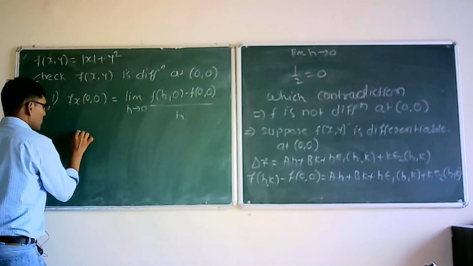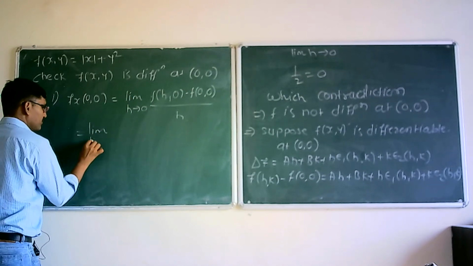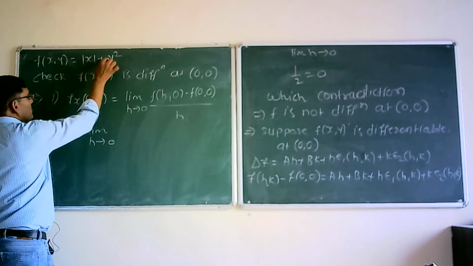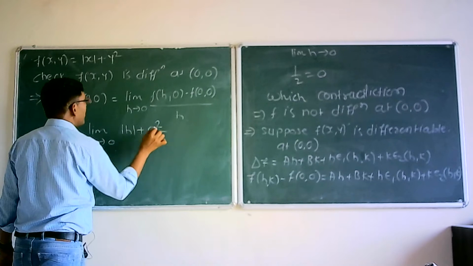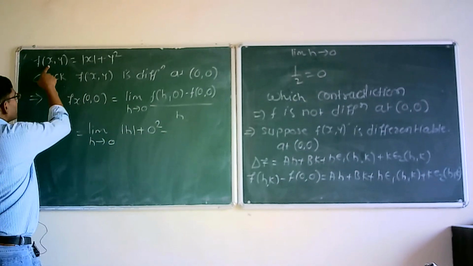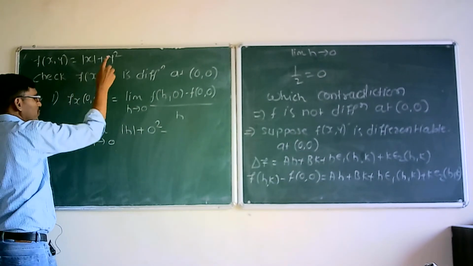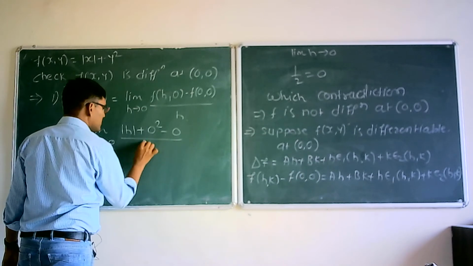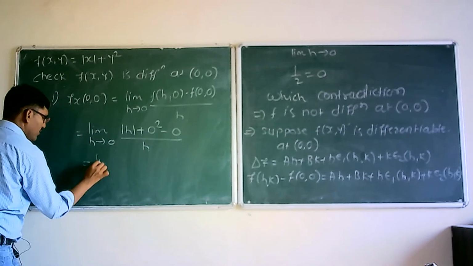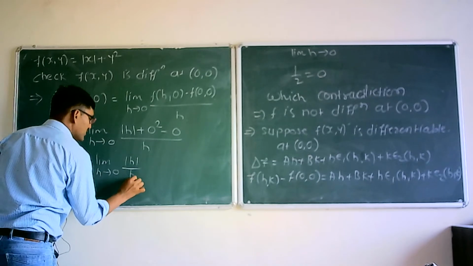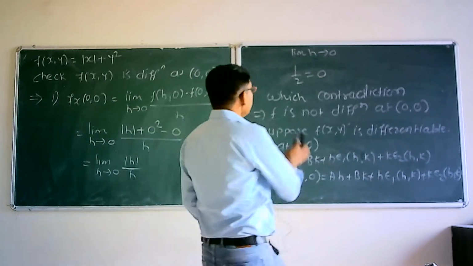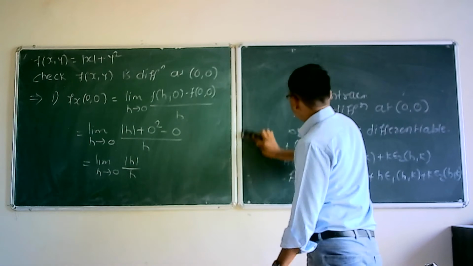This is limit h tends to 0, [mod of h plus 0 square minus f(0, 0)] divided by h. If you put x equal to 0, y equal to 0, then f(0, 0) is 0. So this is limit h tends to 0, mod of h divided by h, and this limit does not exist.